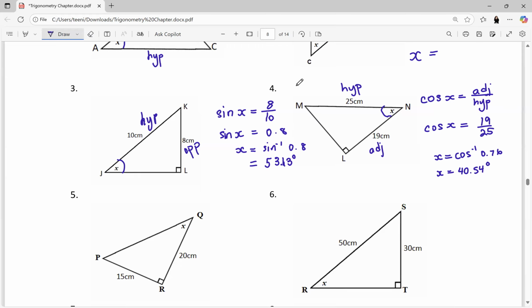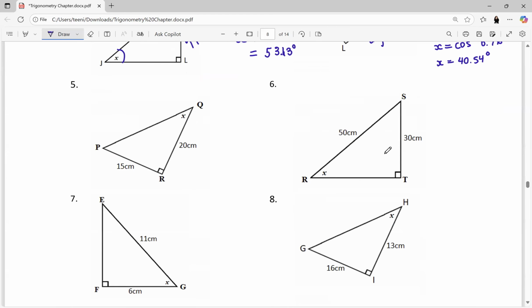Josh? Let's do number 5. So we have the angle of reference here. Which side is this side marked 15? That would be the opposite, right?